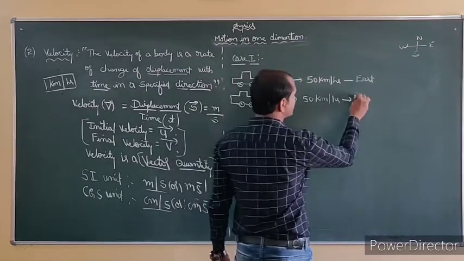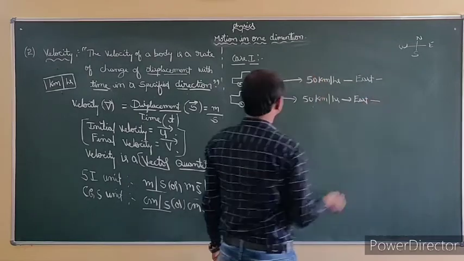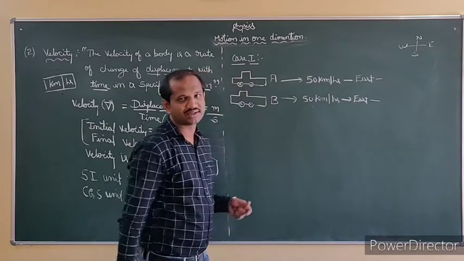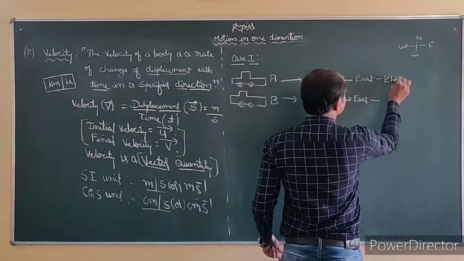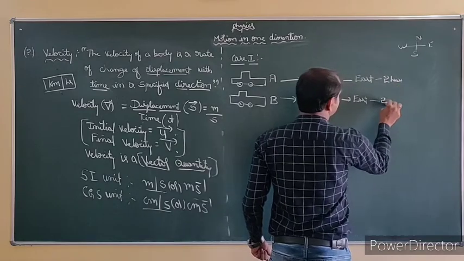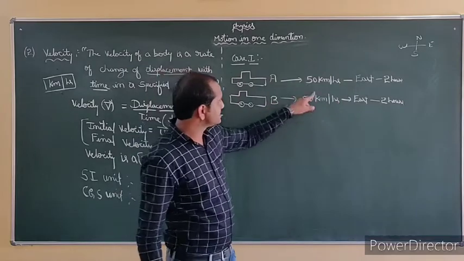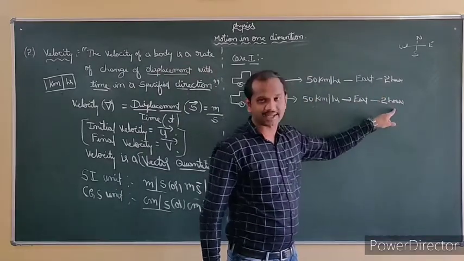Car B is also traveling towards the east. Since it is moving with the same speed and in the same direction, let us keep the time the same. They both travel for 2 hours. Look here, we have same magnitude, same direction, same time.